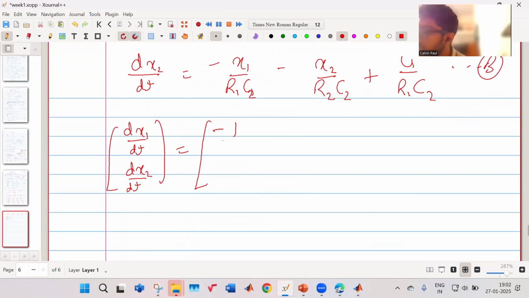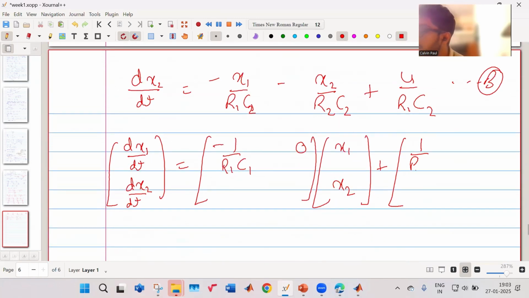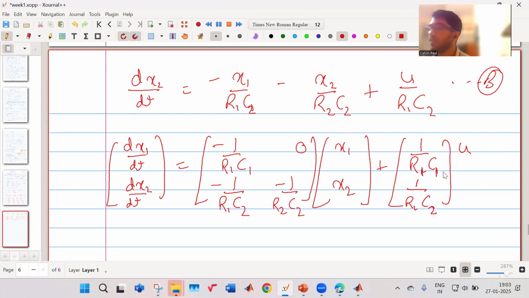So it is equal to minus 1 upon R1 C1, 0, times x1, x2, plus 1 by R1 C1 into u. Similarly, dx2 by dt is equal to minus 1 upon R1 C2, minus 1 upon R2 C2, plus 1 upon R1 C2 into u. So this is another state space representation of the same system.